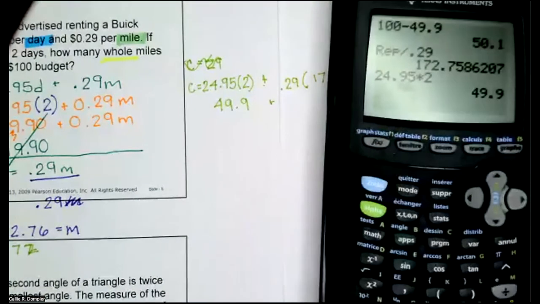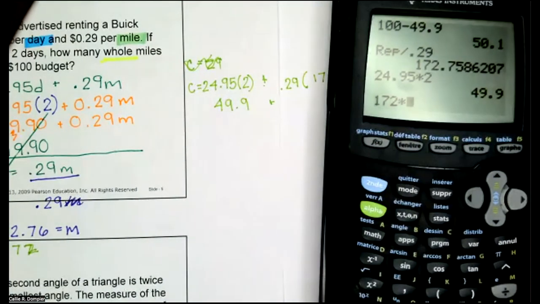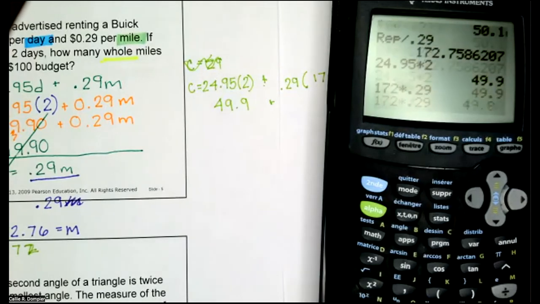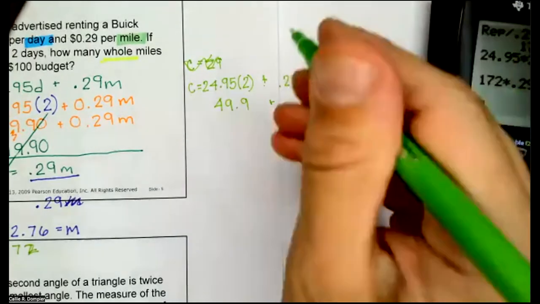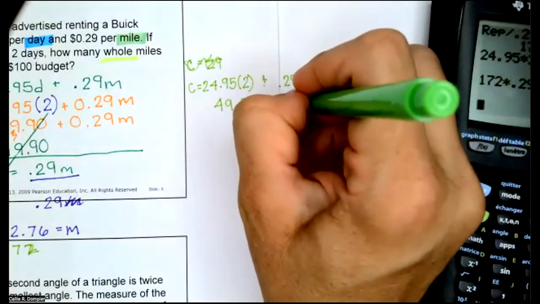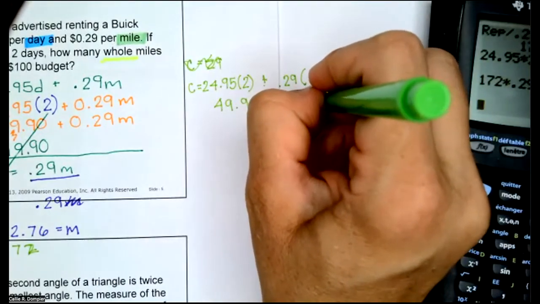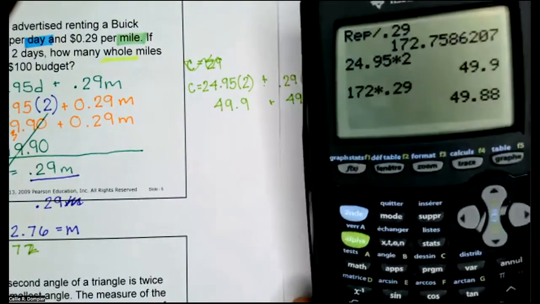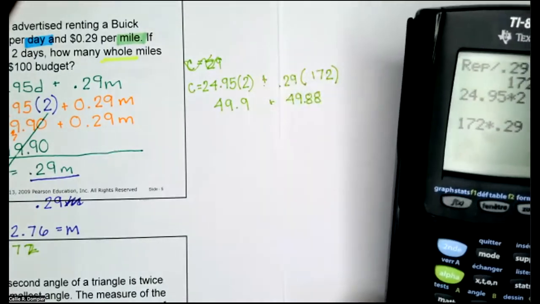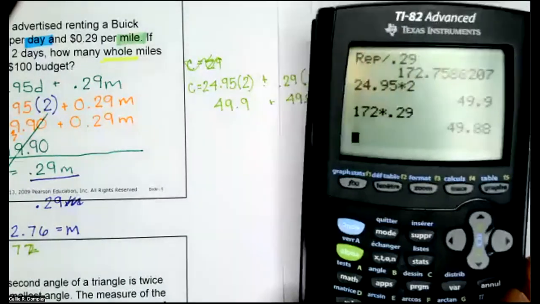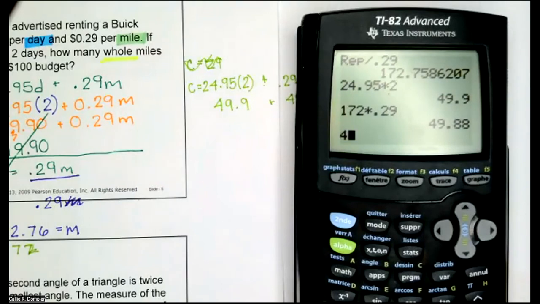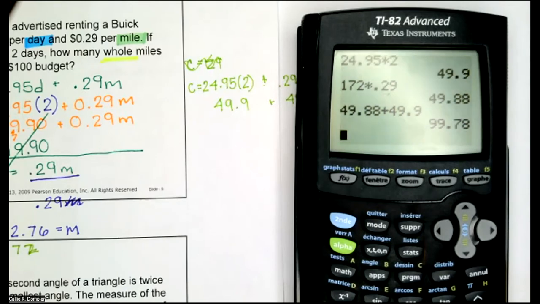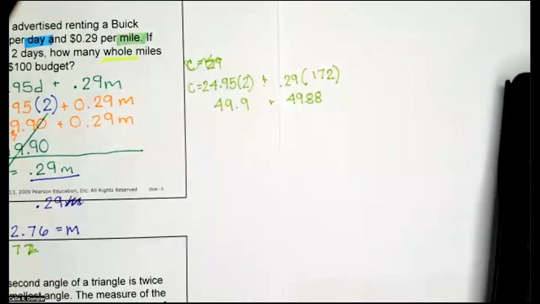And 172 miles at 29 cents per mile is 49.88. Good. So I have 49.88 and 49.90. My total is 99.78.